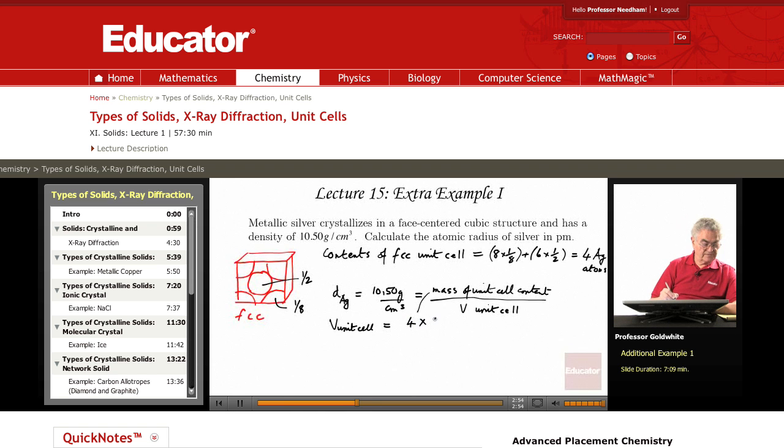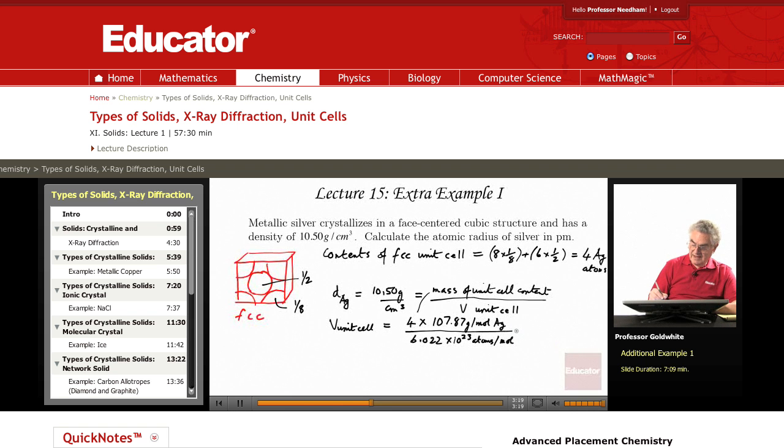4 times 107.87 grams per mole of silver atoms divided by Avogadro's number, 6.022 times 10 to the 23rd atoms per mole.